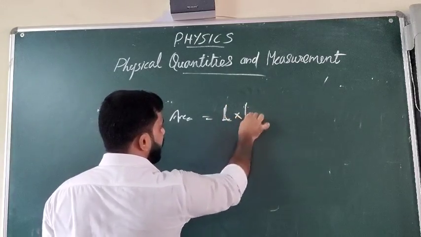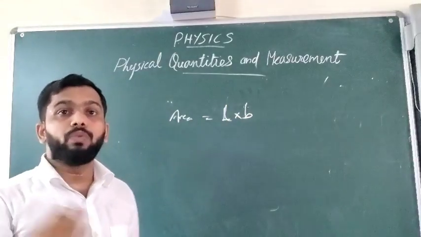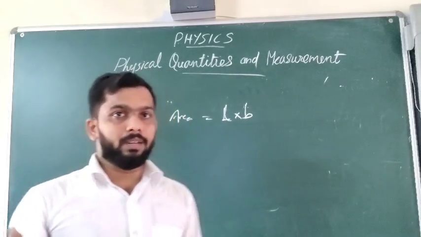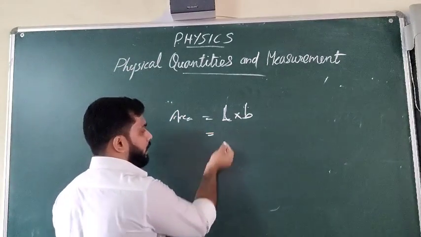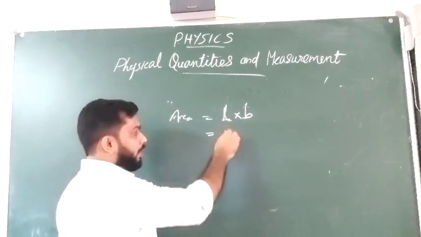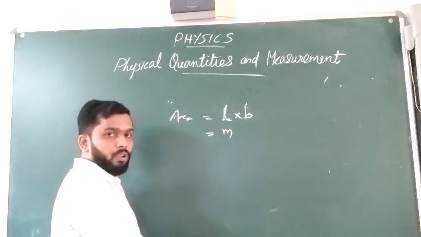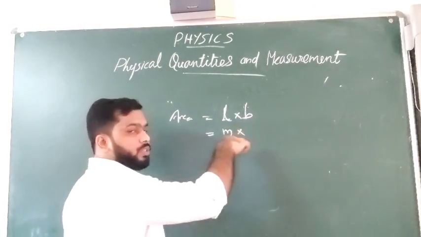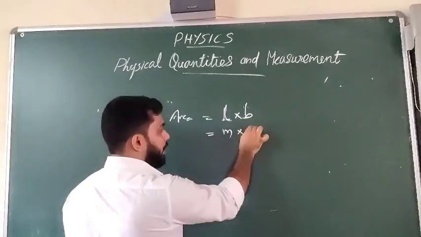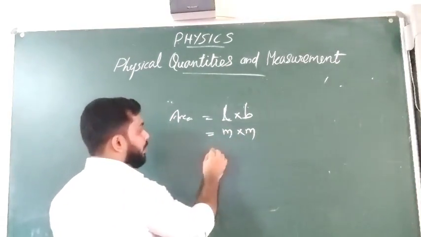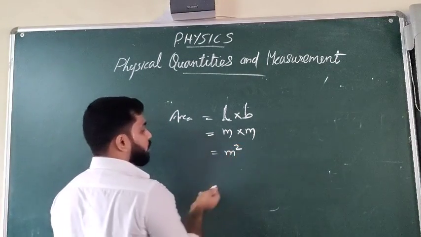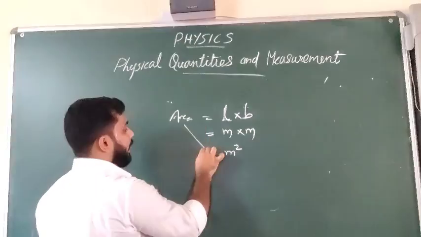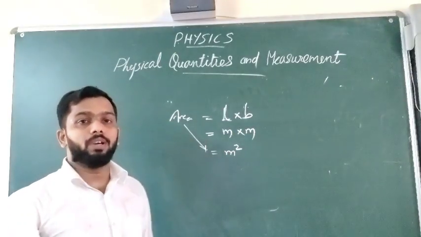Both we measure in meter, and the SI unit of length is meter, as we have already seen. So meter into meter, meter square. Meter square will be the SI unit of area.